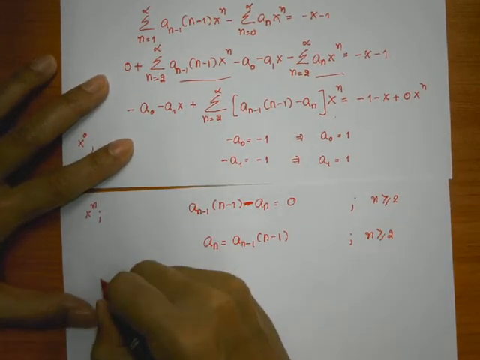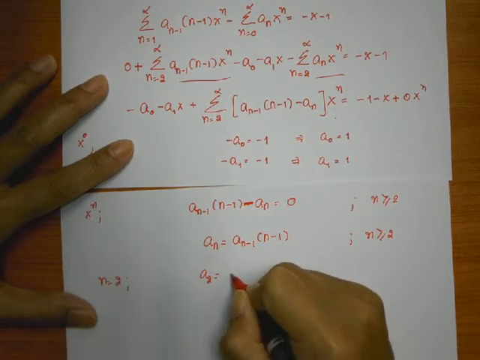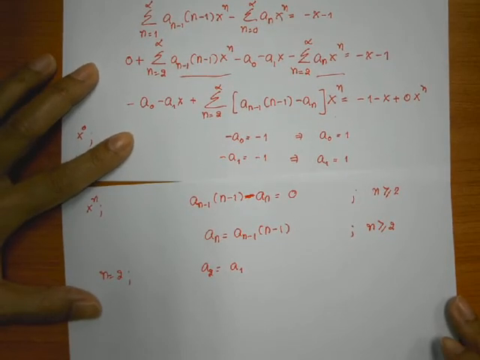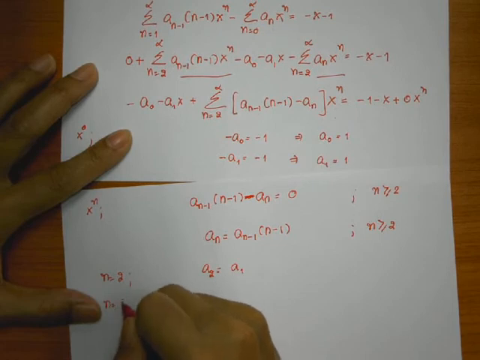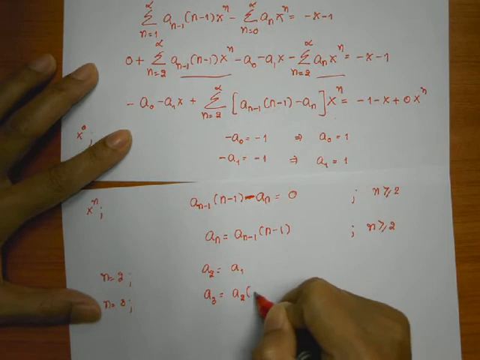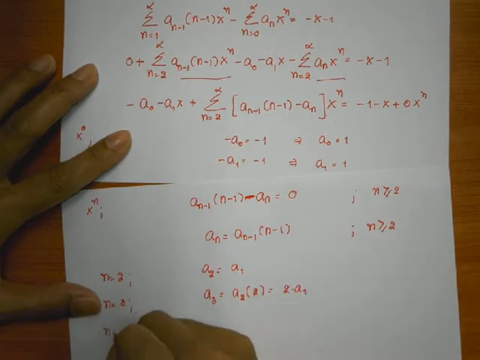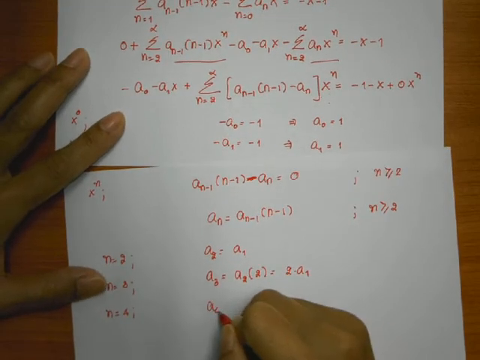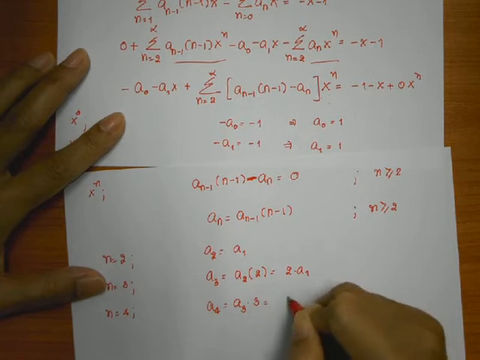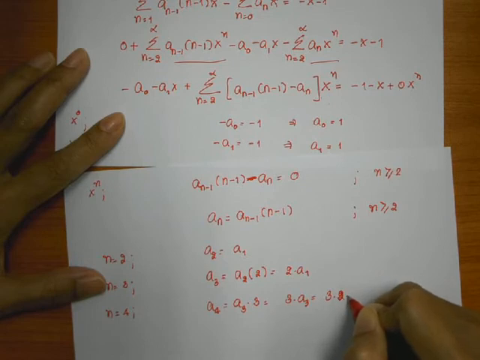So just assume n is equal to 2, my a2 is equal to a1. And n is equal to 3, a3 is equal to a2 times 2, 2 times a1. n equal to 4, a4 is equal to a3 times 3, which is 3 times 2 times a1.